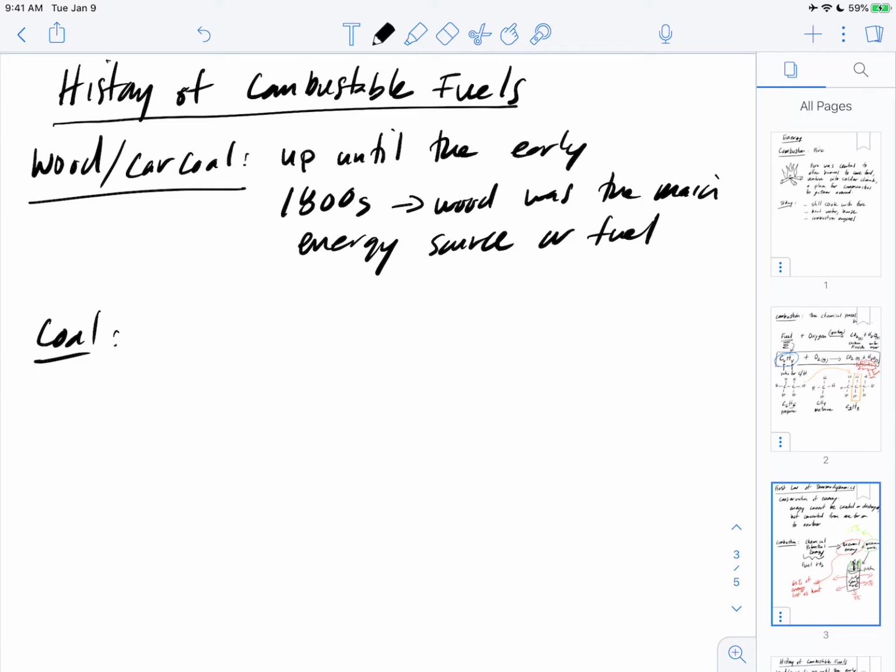Coal made a huge difference. Coal had just a higher energy content, energy density, and we could say that it fueled the Industrial Revolution.